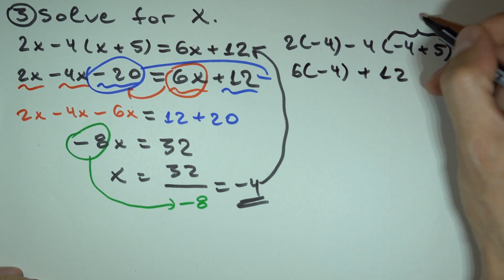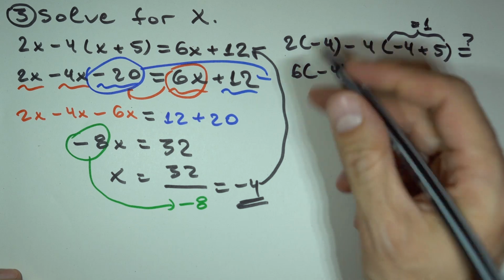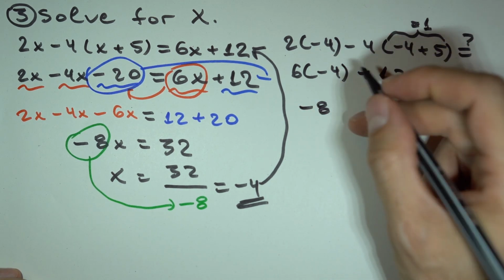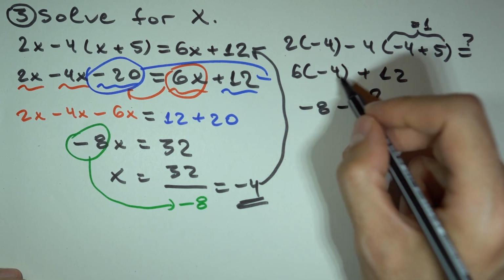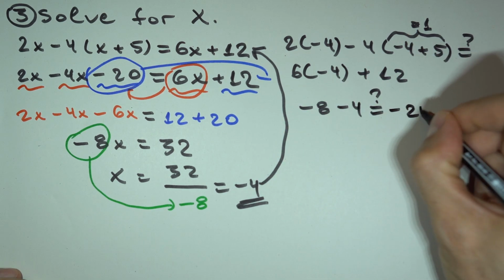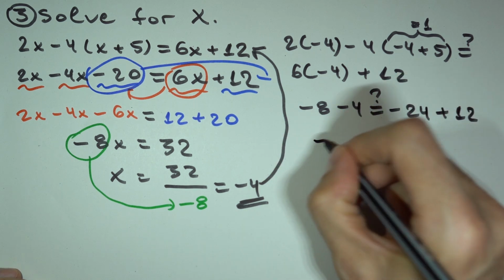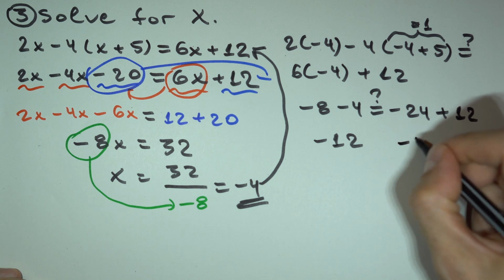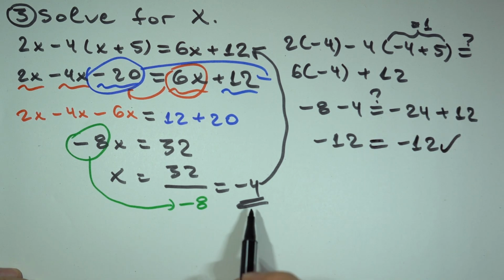Minus 4 plus 5 is 1, and therefore we have 2 times minus 4, which is minus 8. Minus 4 times 1 is minus 4, and on the right-hand side we have 6 times minus 4, which is minus 24, plus 12. Minus 8 minus 4 is minus 12, and minus 24 plus 12 is minus 12 again. So our solution is correct. X equals minus 4.